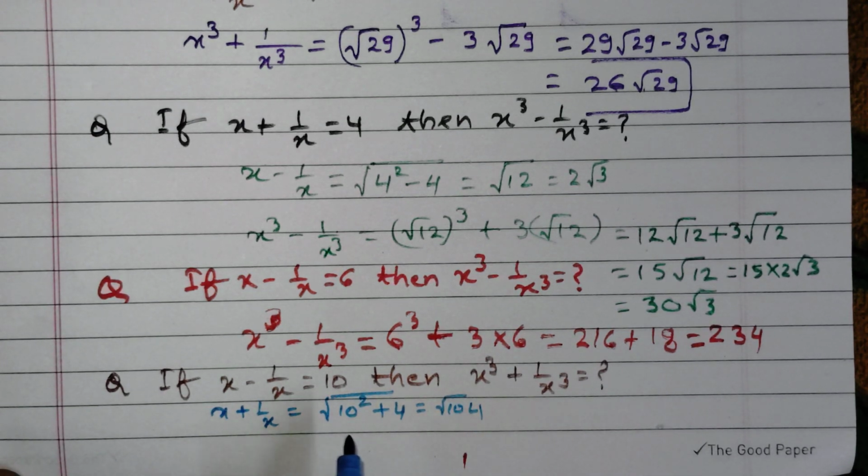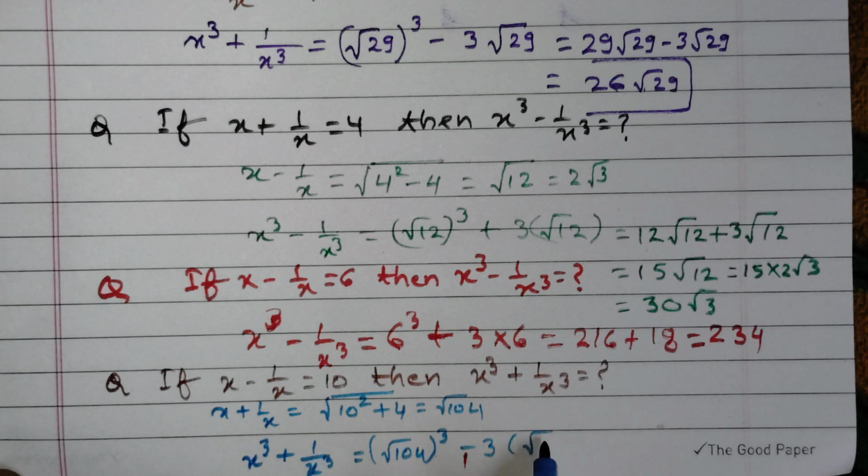Now x cube plus 1 upon x cube can be calculated. So x cube plus 1 upon x cube equal to this square root 104 cube, then minus 3 times square root 104.